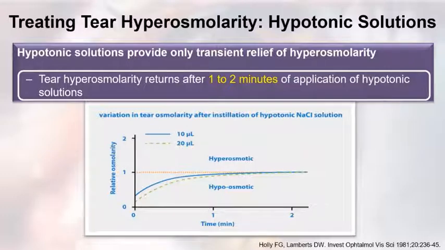So using hypoosmolar agents does not help you. If I have to summarize, osmolarity is an important thing, and increased osmolarity is an important part of dry eye, but unfortunately we are not able to measure it correctly. So we have to accept the hyperosmolarity per se.